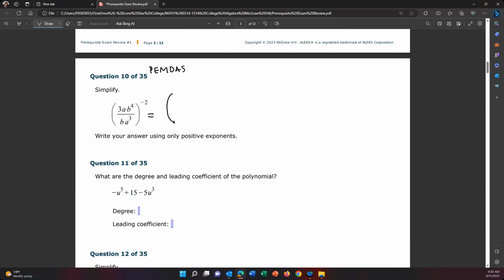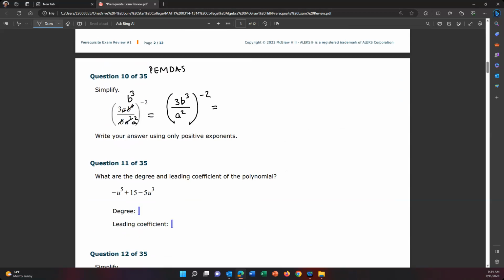So we have 3. Let's see. There's 1a here, but then there's 3 of them here. If we completely get rid of 1, that will leave us with 2a. So we have a squared. B's. Well, there's 1b here, and there's 4 of them there. So if we completely get rid of 1, there will be b cubed. There will be 3 of them in the numerator.